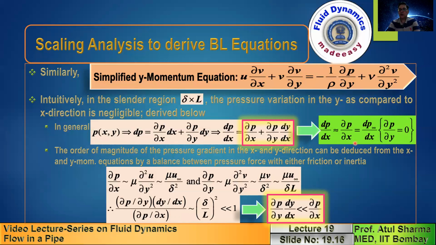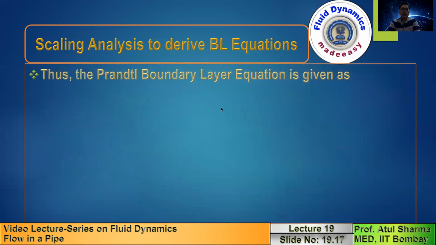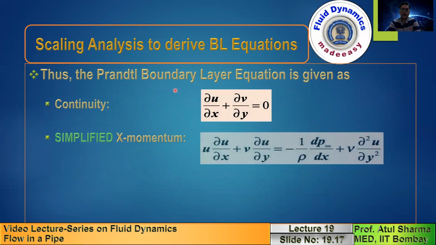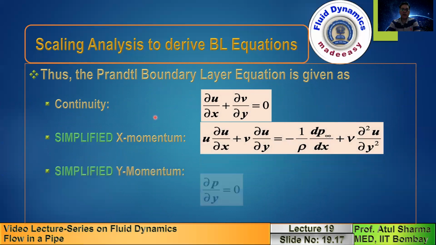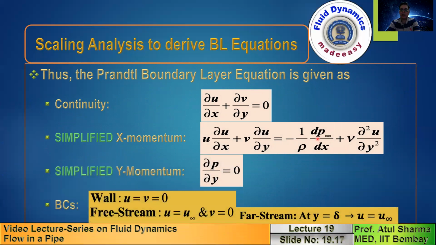So pressure is varying only in the x direction. So the final simplified equation that we obtained, the Prandtl boundary layer equation, in the x momentum equation, I have written dp infinity by dx, and in the previous slide we have obtained that for the y momentum equation, pressure varies only in the x direction, there is no variation in the y direction.